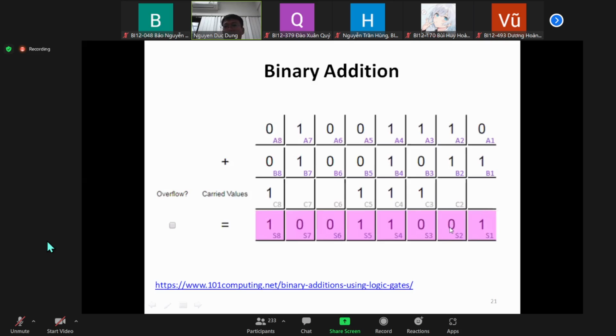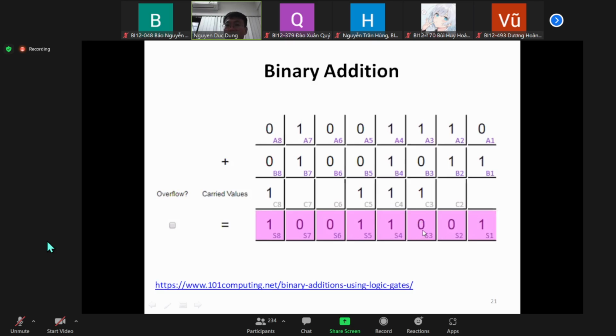10, because we have only one character to store, so we keep the unit here, which is 0, and we remember the 1 of the 10 for the next column. We have 1 plus 0 is 1, plus the 1 carry value, it becomes 10 again.